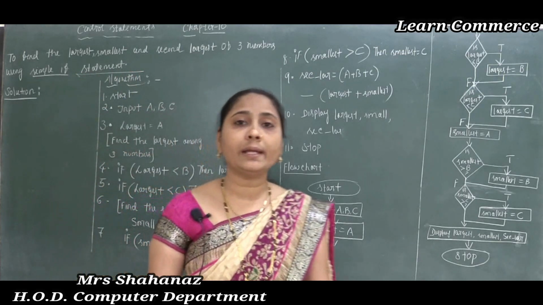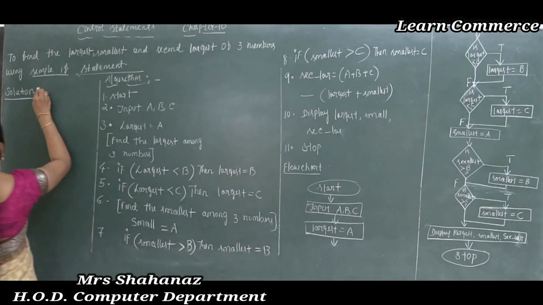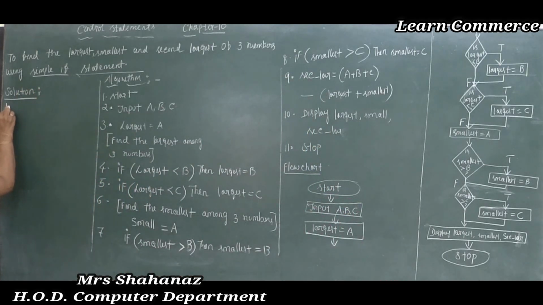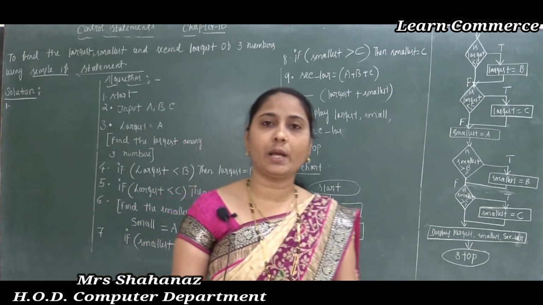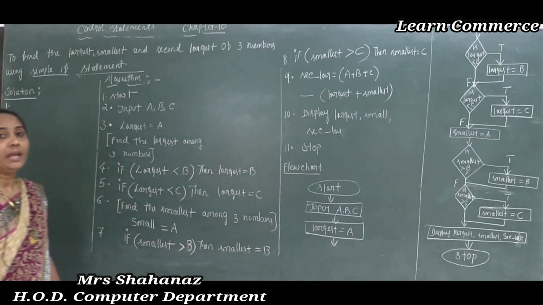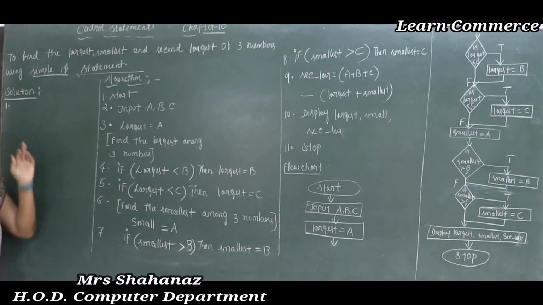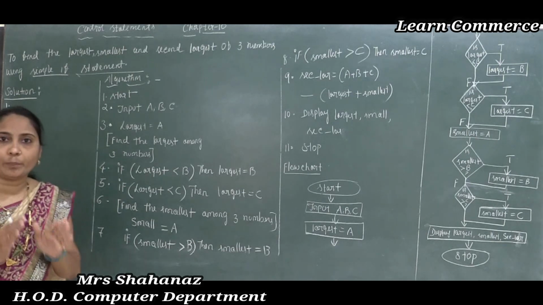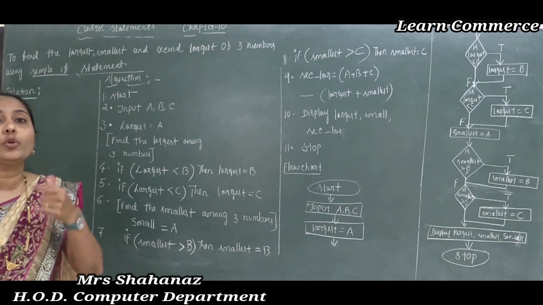Now, in case of this solution, the first step is that we need to take three numbers as input. So first of all, read the value of three numbers from the standard input device. That means I am going to input some values into the variables A, B, C through the keyboard.